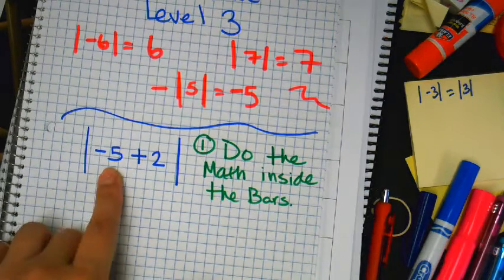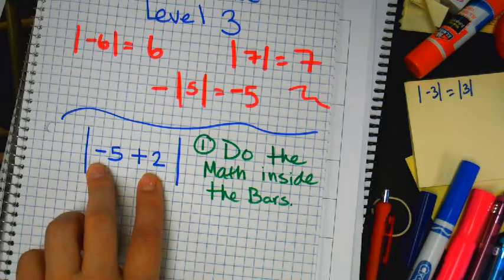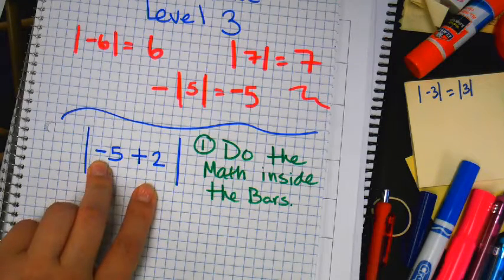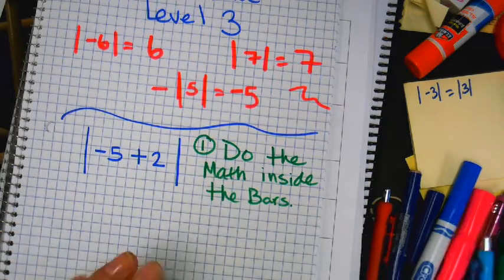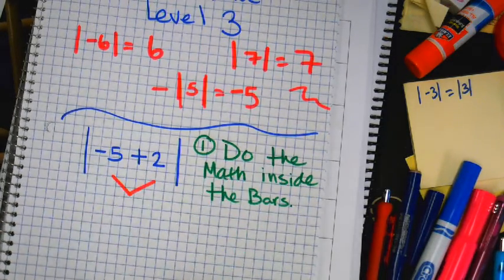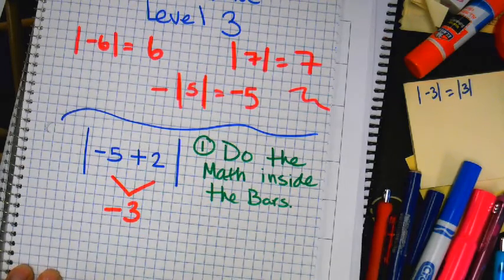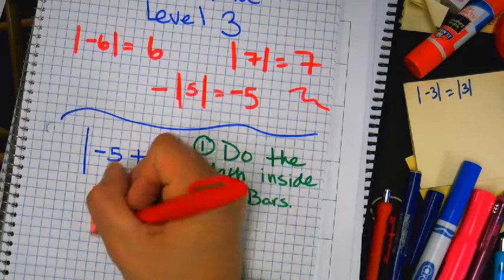What's negative 5 plus 2? Negative 3. Did we ask ourselves the absolute value yet? No, so that means we still have the bars.